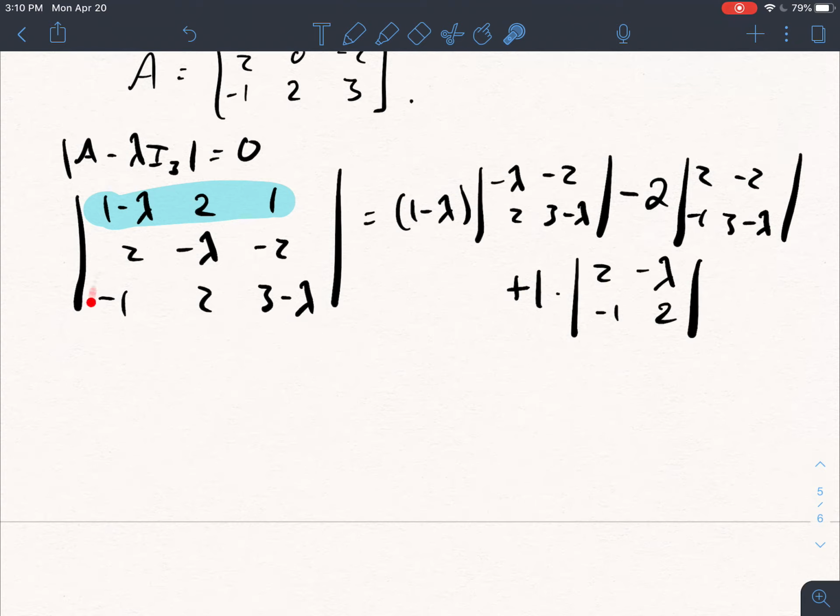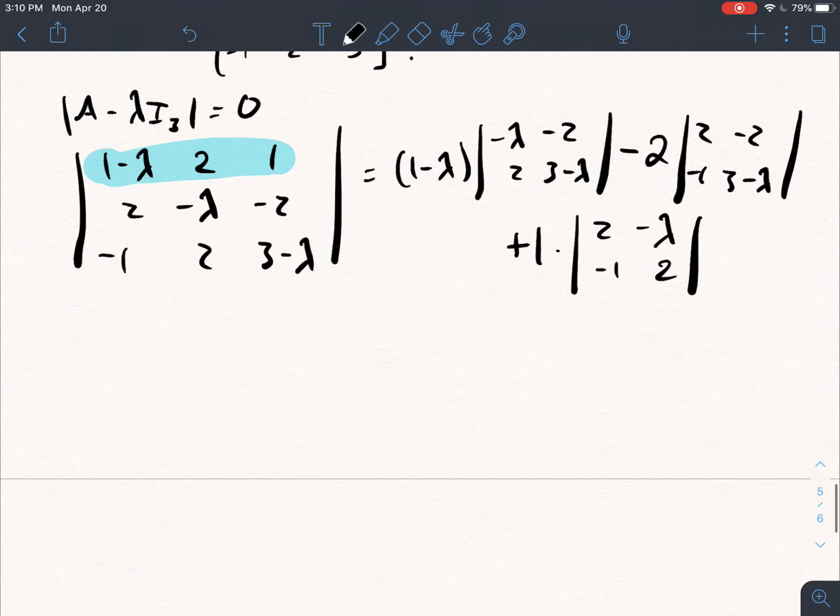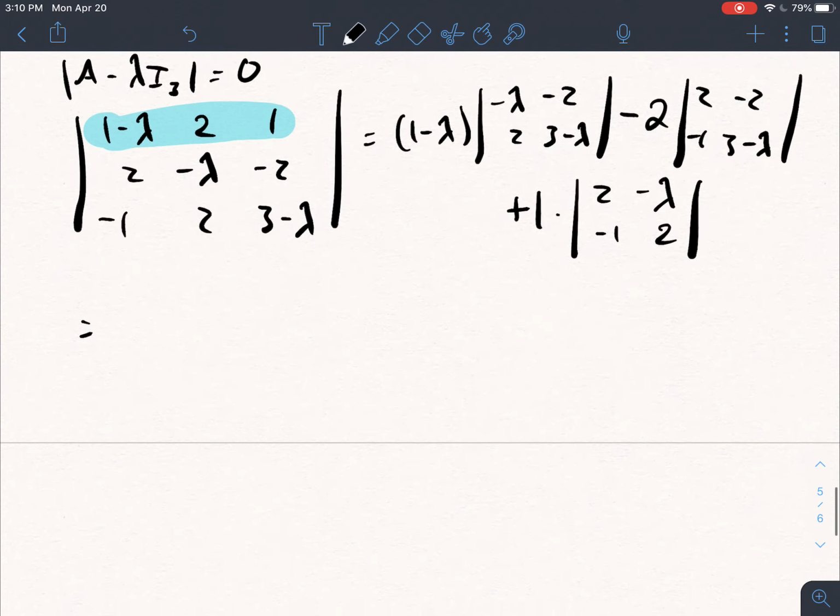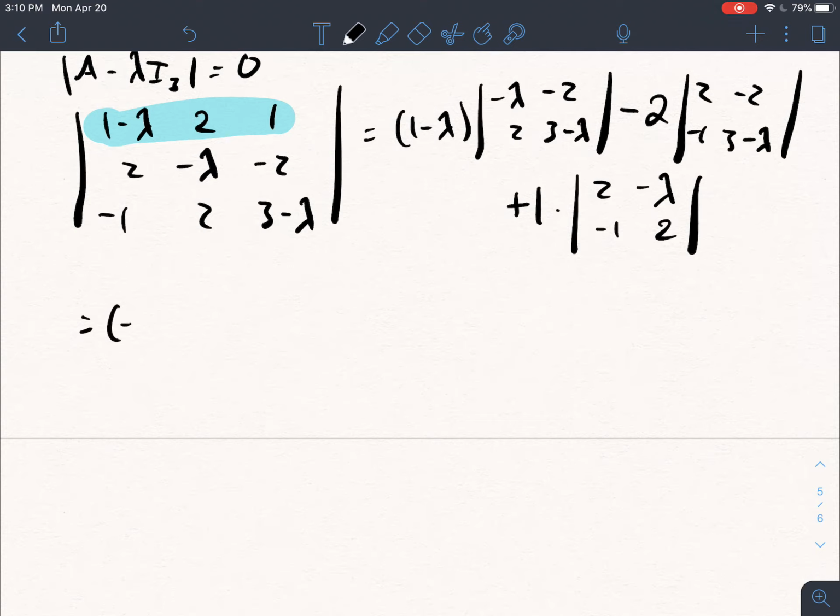Let's see, am I doing this right? This looks like that. Okay, that one's good. Second one, 2, negative 1, negative 2, 3 minus lambda, and then the third one I would have 2, negative lambda, negative 1, 2. And I am alternating the signs of these, so that looks good. All right, what's that equal to?